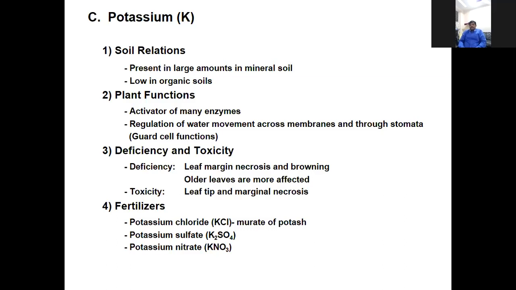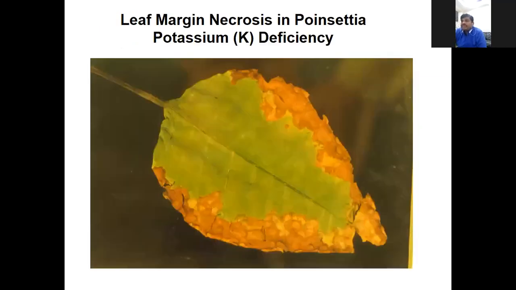To correct the deficiency symptoms of potassium, we need potassium chloride, that is KCl, known as muriate of potash. Then potassium sulfate, that is known as sulfate of potash, K2SO4. And potassium nitrate can be used as a fertilizer.